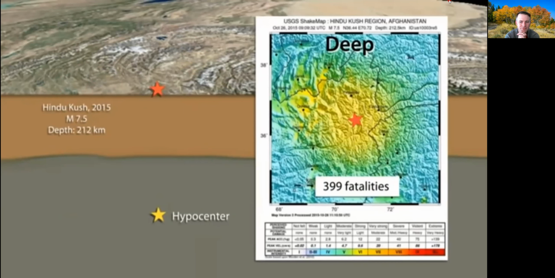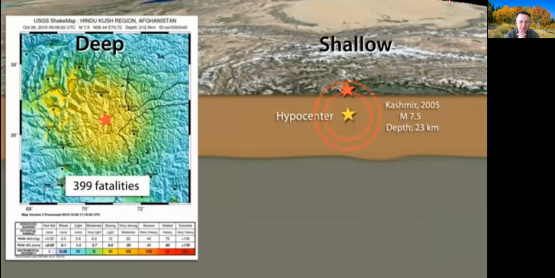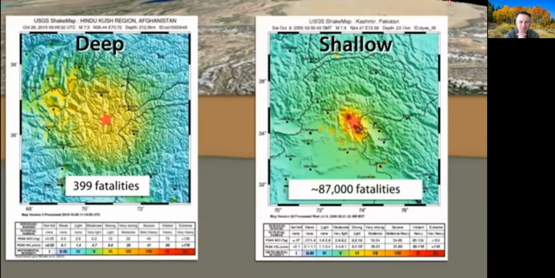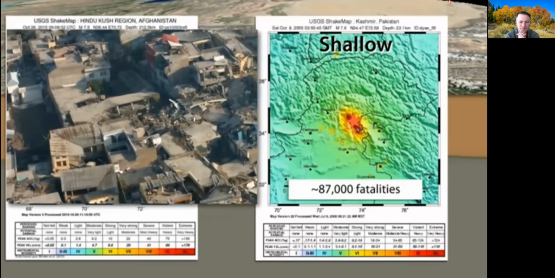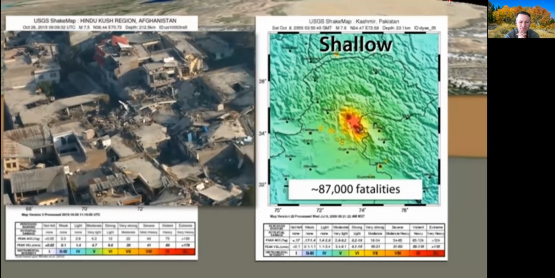Although strong shaking was distributed over a broad area, only 399 lives were lost. The hypocenter of the 2005 magnitude 7.5 Kashmir earthquake was only 23 kilometers deep. Severe ground shaking was concentrated near the epicenter, causing extensive damage to buildings, with over 87,000 fatalities.